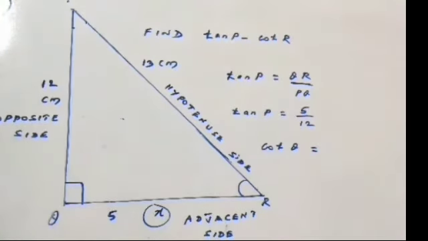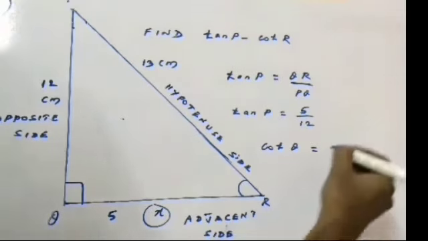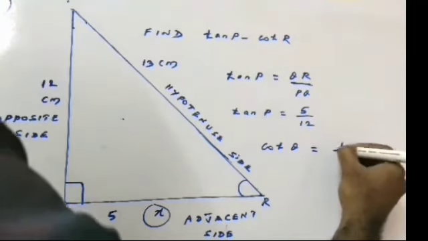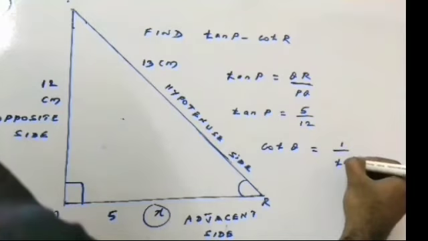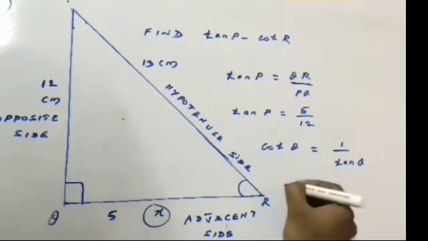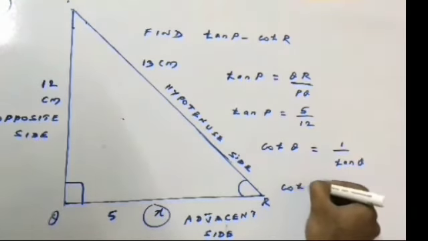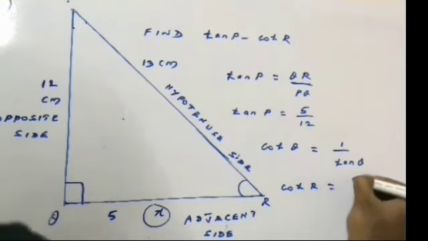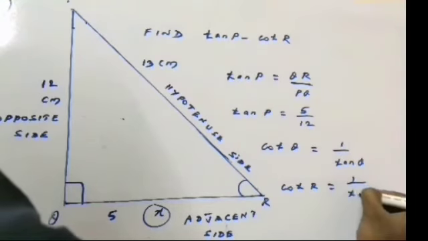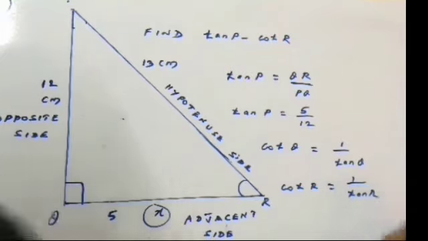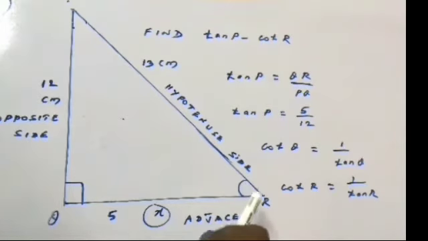First we know that cot theta is nothing but 1 by tan theta. So cot R equals 1 by tan R. Now tan R means opposite side by adjacent side, 12 by 5.